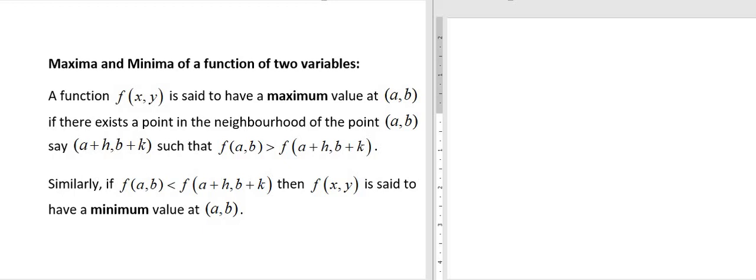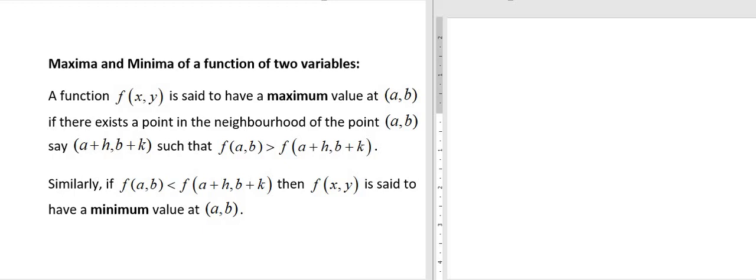Similarly, if f of a comma b less than f of a plus h comma b plus k, then f of x comma y is said to have a minimum value at a comma b.